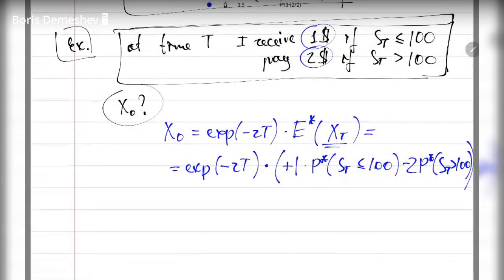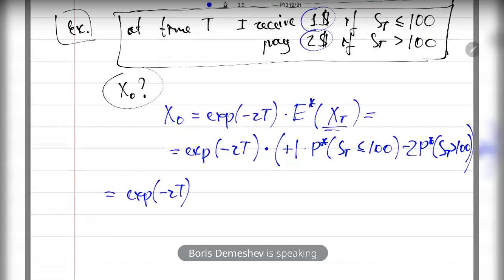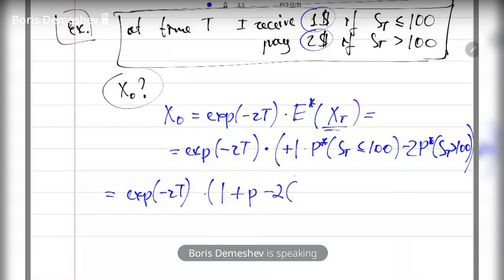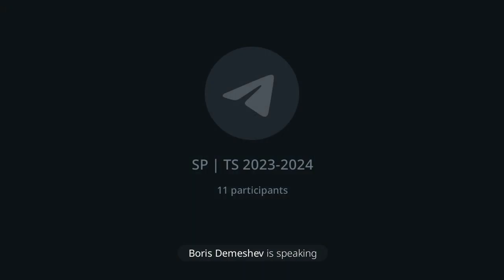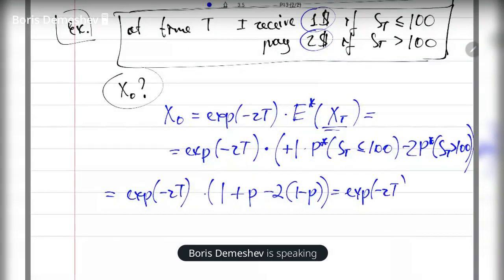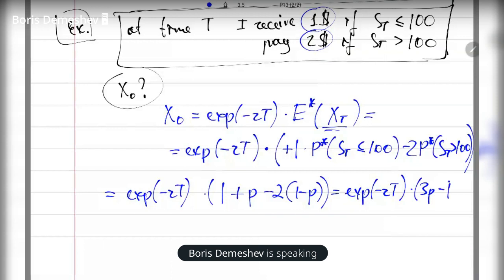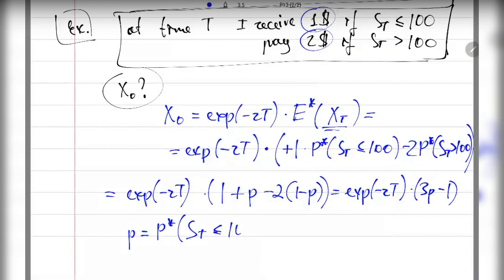It will be exponent of minus RT times 1 times the probability that ST is less than 100, let's call this probability P, minus twice 1 minus P. Obviously, they are probabilities of two complementary events, and hence the sum is equal to 1. And that's exponent of minus RT times 3P minus 1. And P is the probability star that ST is less than 100.